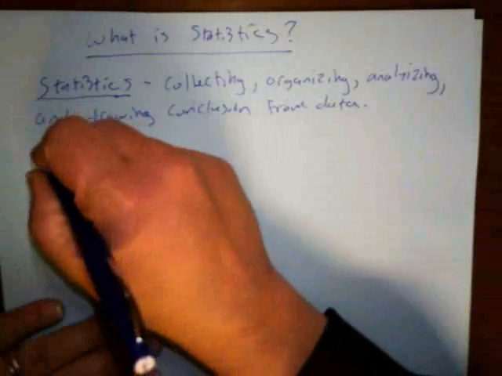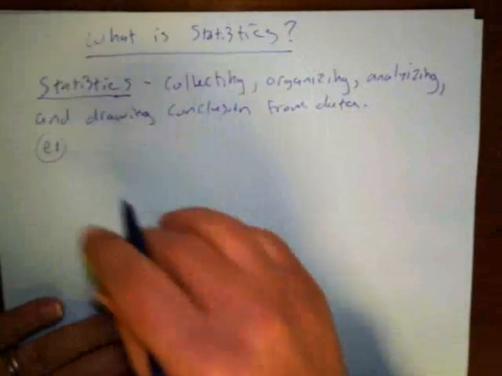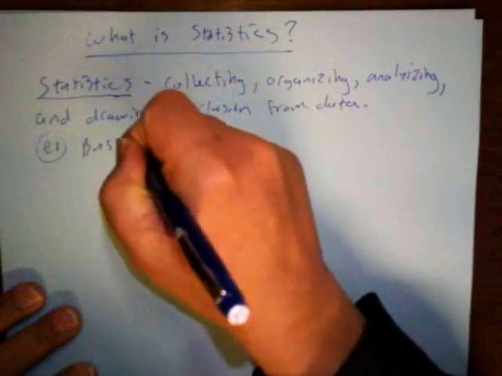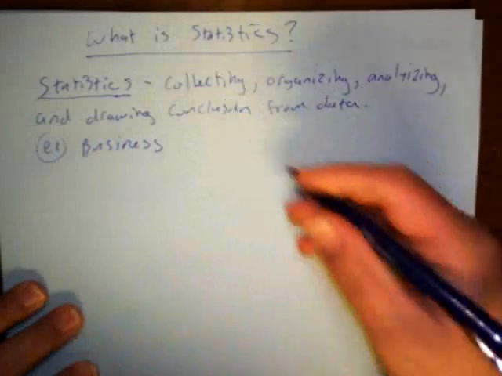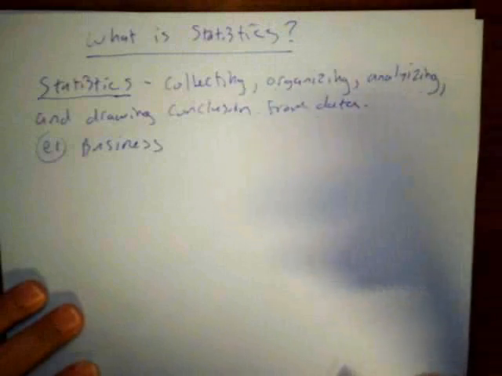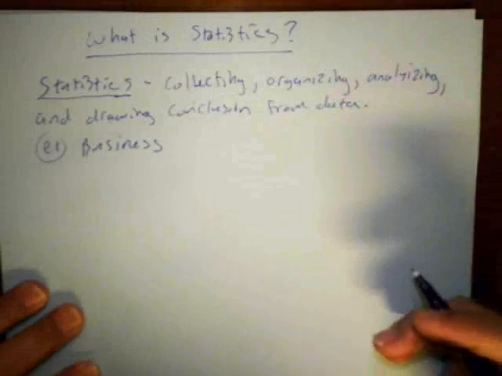Let me throw out a few examples of areas that use statistics. Business: businesses have a lot of decisions to make, and money's involved, so they want to make the best decisions possible.